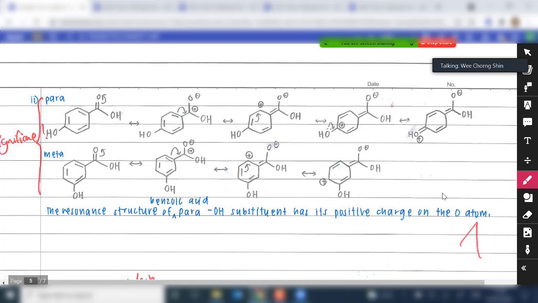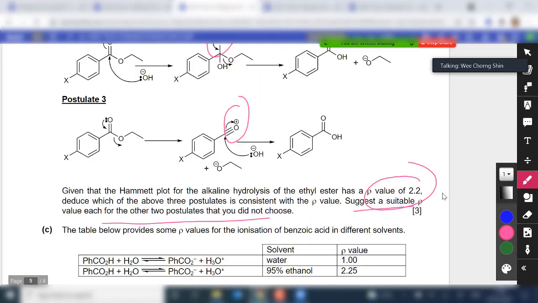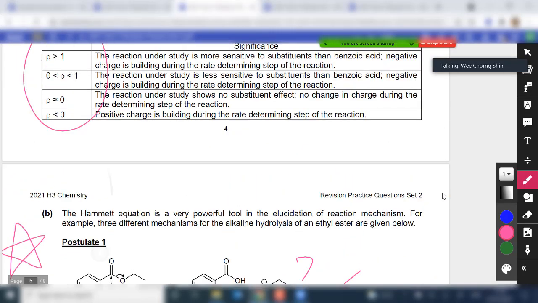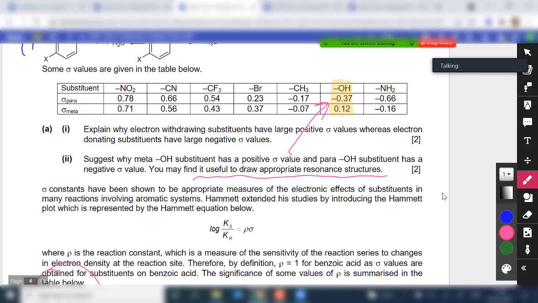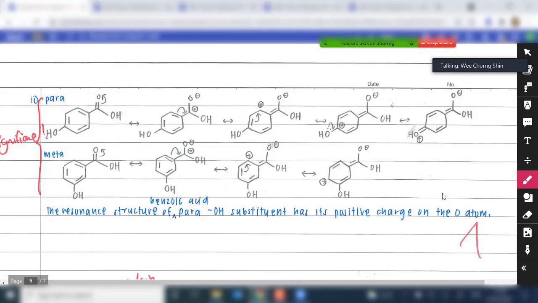Sorry to go back, but I'm sure you can remember a little earlier part on this. During marking of papers, I often remember one thing. Whenever the question asks the student to draw appropriate resonance structures, the student will spam.